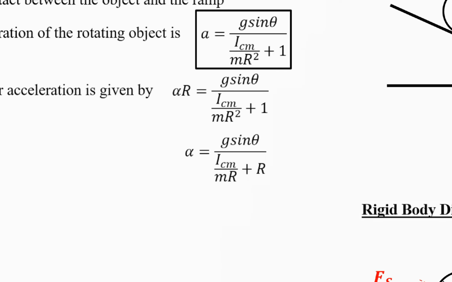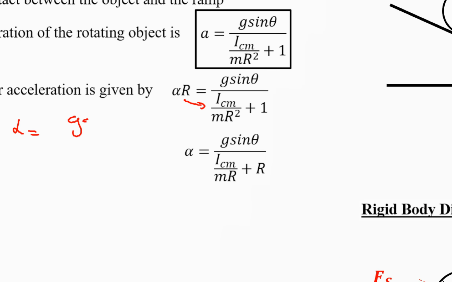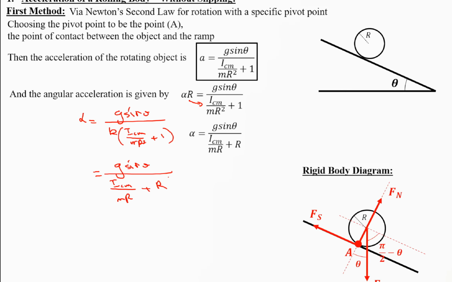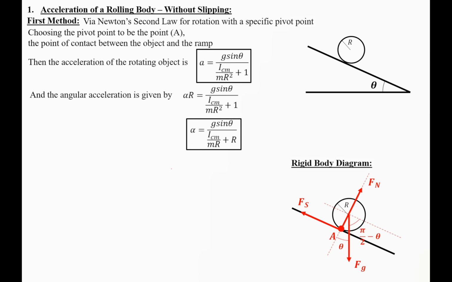Then if we move r down, we would have that alpha is equal to g sine theta divided by r into I_CM over mr square plus 1. Now we expand here, so g sine theta over I_CM over mr plus r. So that would be the expression of the angular acceleration.